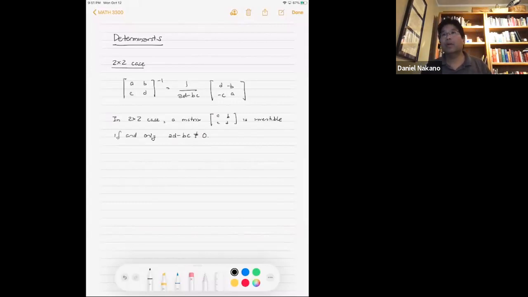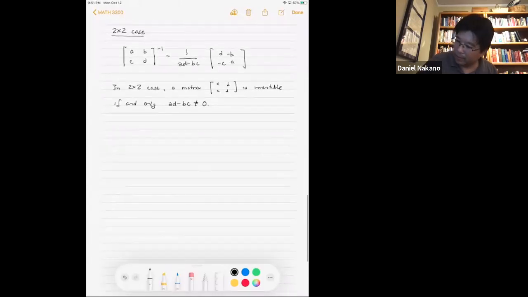So there's a quantity for which, if it's equal to 0, the matrix is not invertible, and if it's not equal to 0, then the matrix is invertible. In this case, we're going to call this the determinant. So the determinant of the 2 by 2 matrix here is equal to AD minus BC.